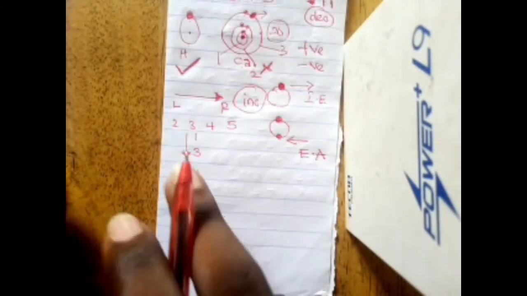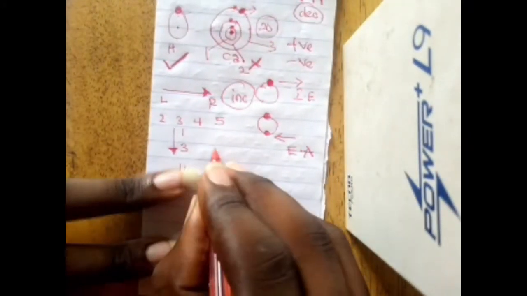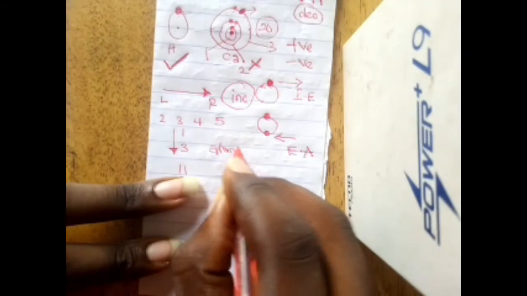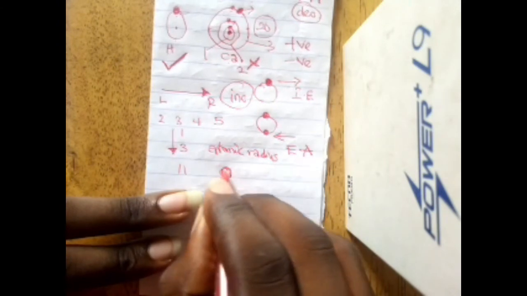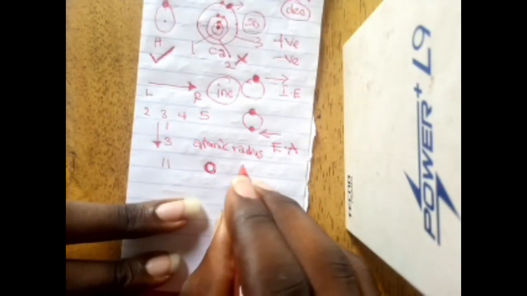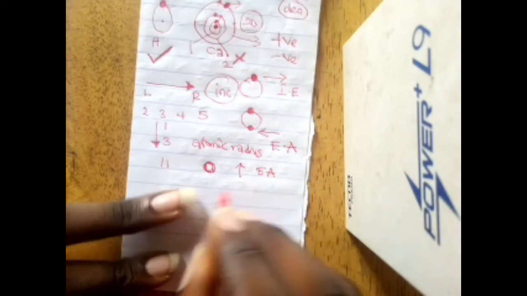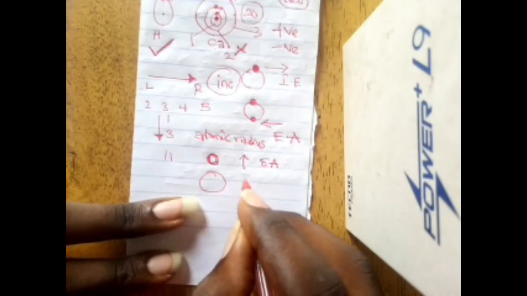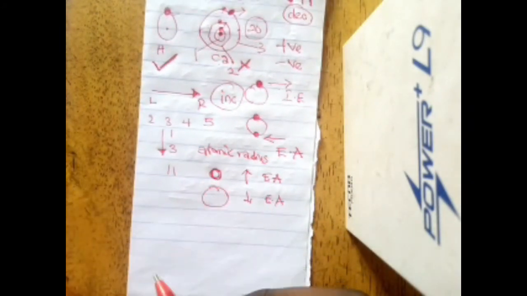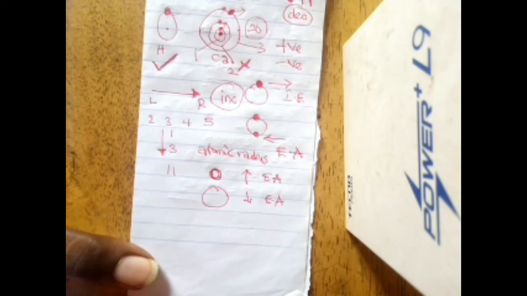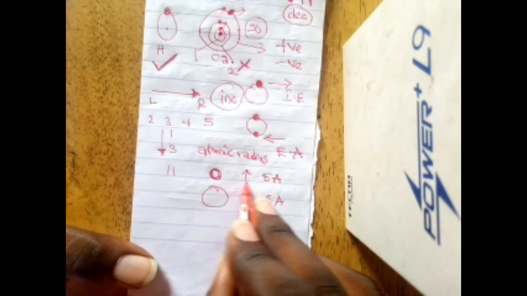It tends to decrease, and this is a result of the atomic radius. An element with a very small atomic radius has a very high electron affinity, whereas an element with a large atomic radius has a low electron affinity. A very small atom has a higher tendency to attract electrons to itself, whereas a large atom has a lesser affinity to attract electrons to itself.